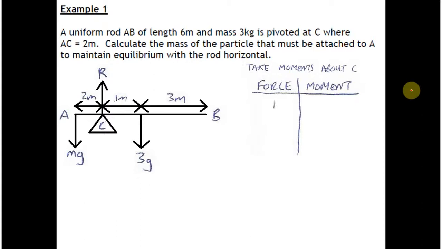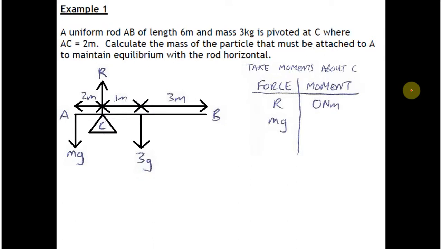Starting with the force R, it's got a 0 perpendicular distance to the point C. So R times 0 is 0 Newton meters, which is the reason why we take our moments about C: that unknown R will have a 0 moment and won't play any part in any equation that we form.